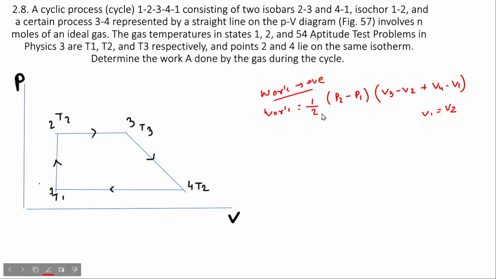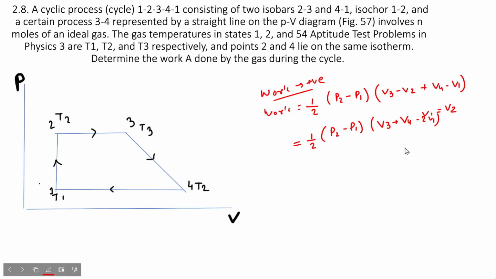All right, so we can rewrite this equation as half into P2 minus P1 into V3 plus V4 minus 2 times V1. Now our aim is to get P1, P2, V3, V4 in terms of V1, and then we will be able to get to the solution.